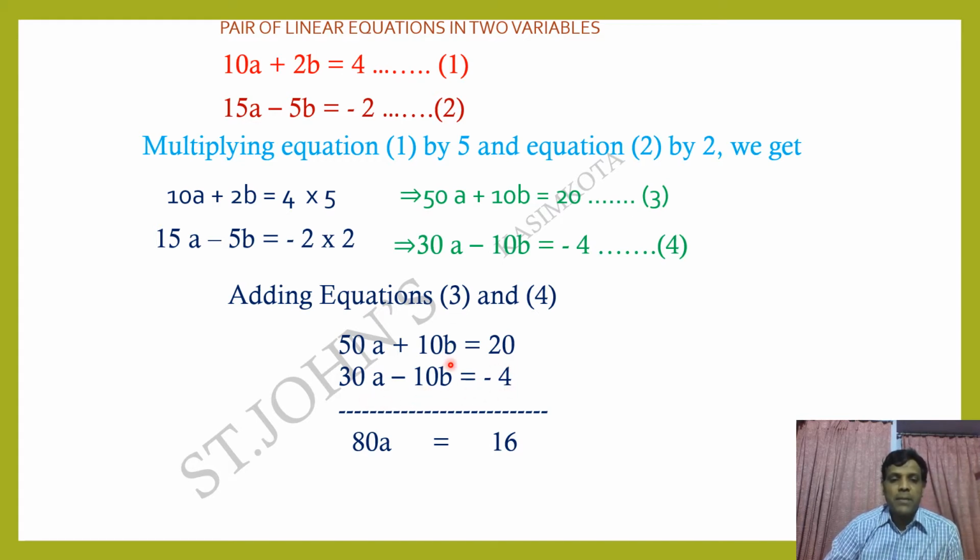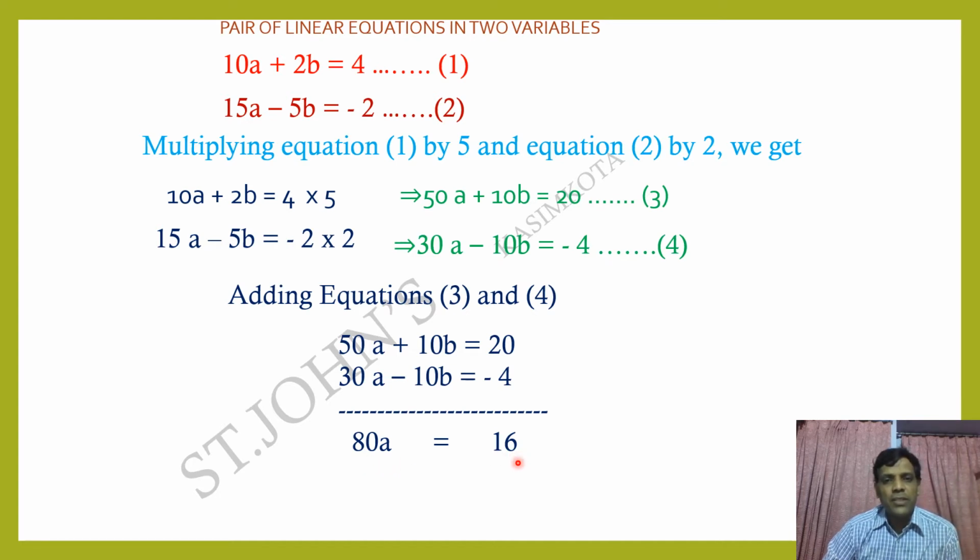Here plus 10b and minus 10b cancel. What are the remaining values? 50a plus 30a equals 80a. 20 minus 4 is 16. So 80a equals 16.